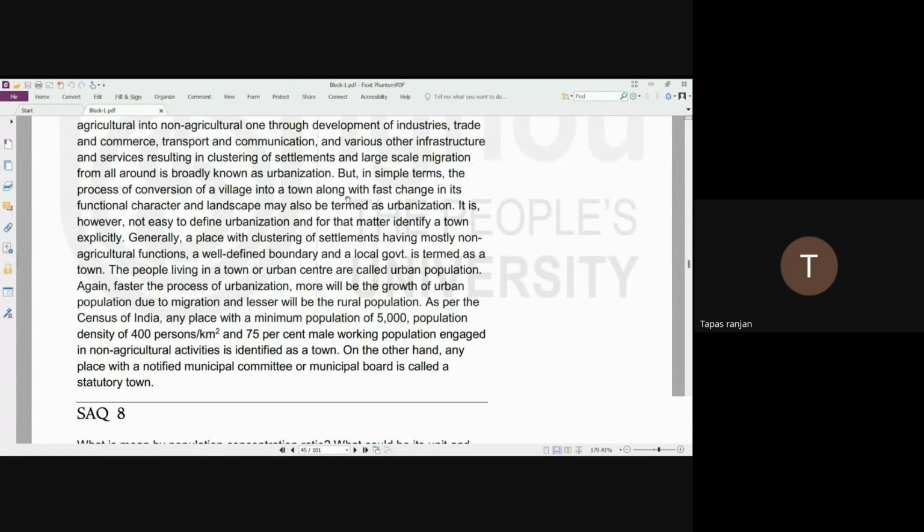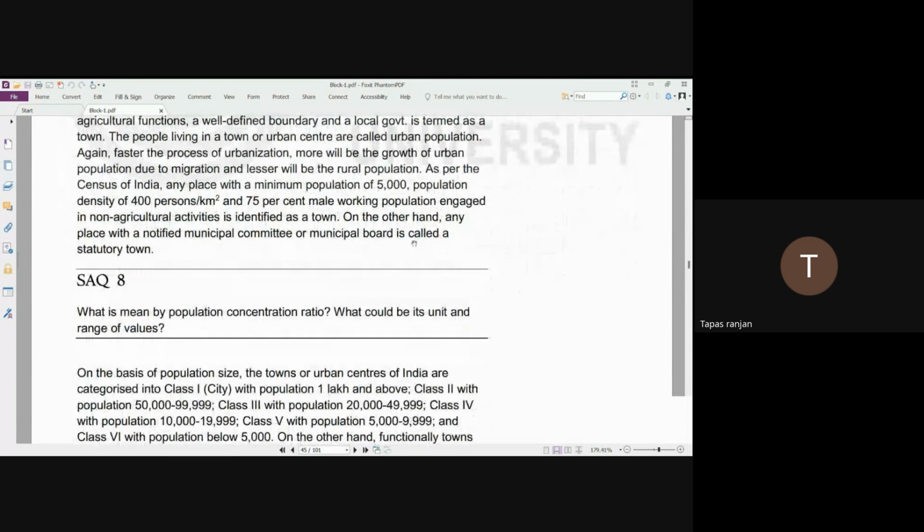Then there is another criterion, in which any place with a notified municipal committee or municipal board can be called a statutory town. Even in previous times we used to have cantonment towns. Any place which has a cantonment can be considered an urban area without fulfilling these conditions also.